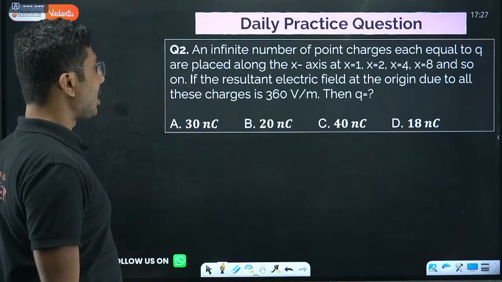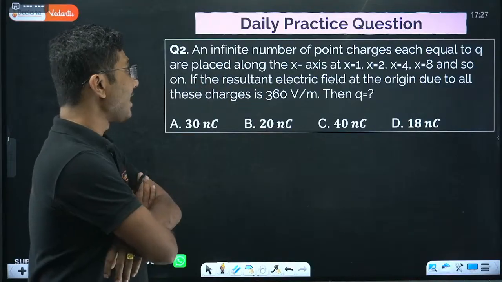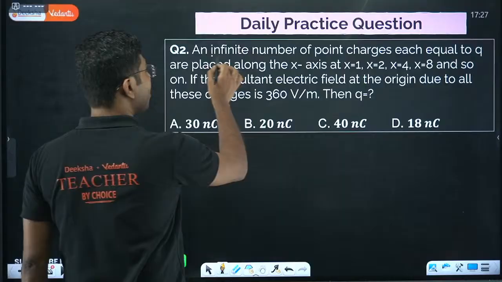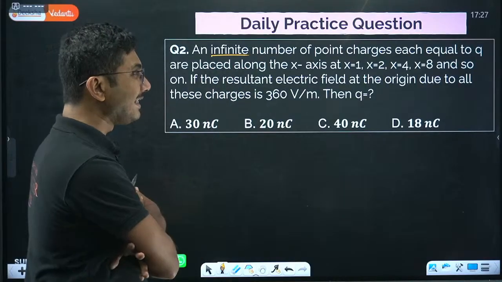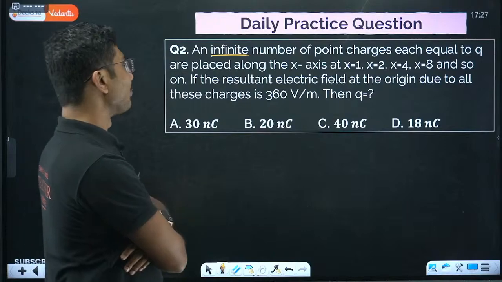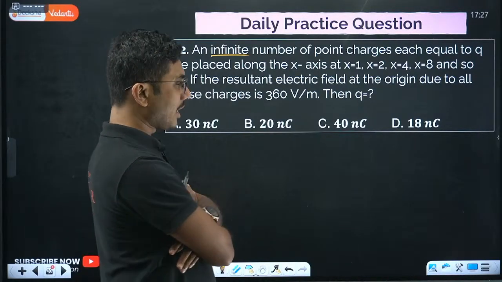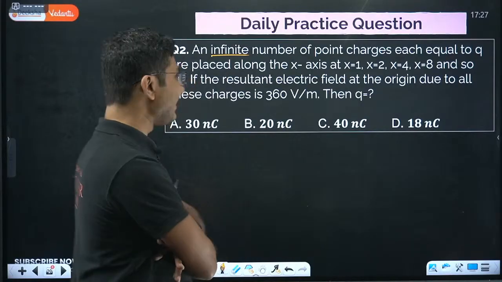The next question, however, is slightly tricky. An infinite number of point charges, infinite, not 1, 2 or 3, it is an infinite number of point charges, each equal to Q, are placed along the x-axis at x equals to 1, x equals to 2, x equals to 4, x equals to 8, and so on.